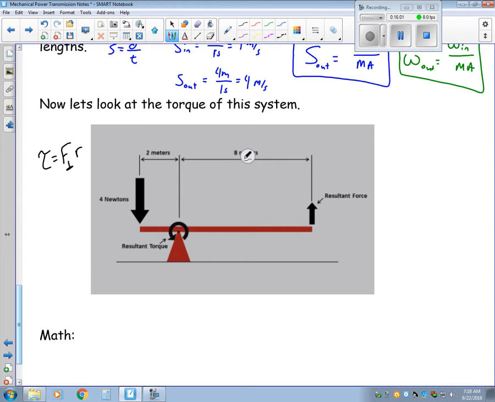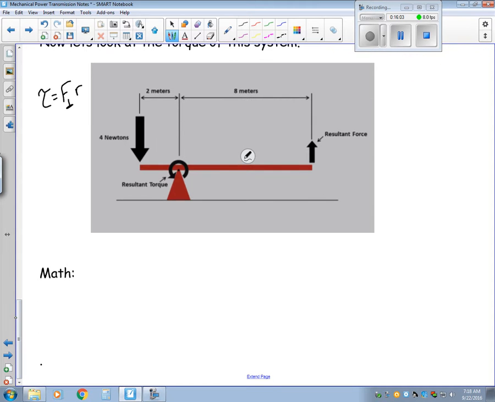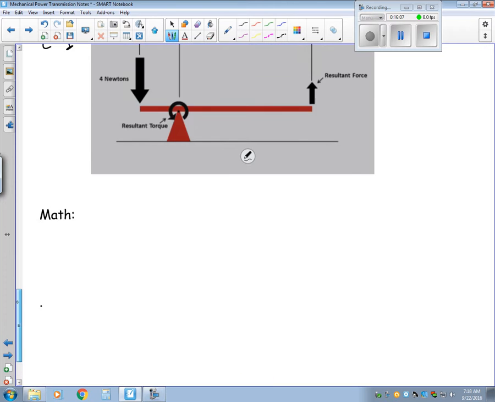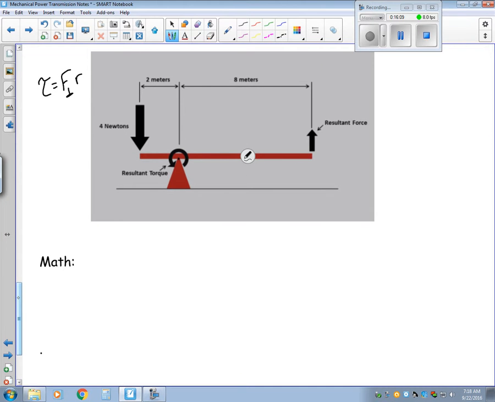So going through our math then, the input torque, and this is kind of the same setup that we had before, was force times lever arm distance. So for this case, it's 4 newtons times 2 meters, which equals 8 newton meters.